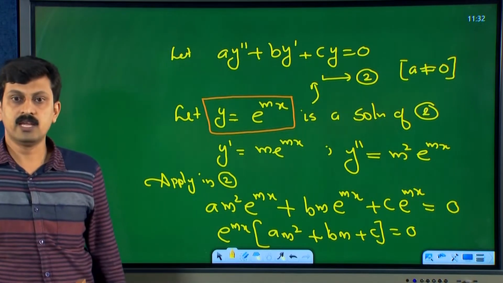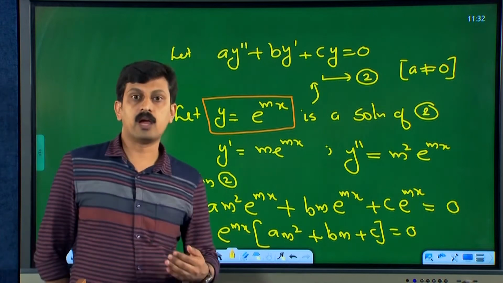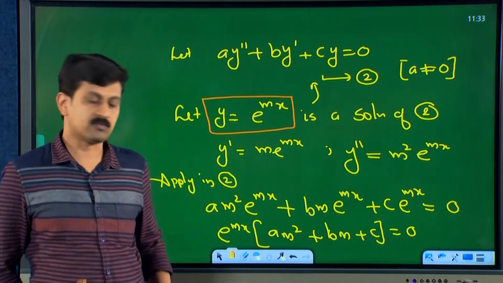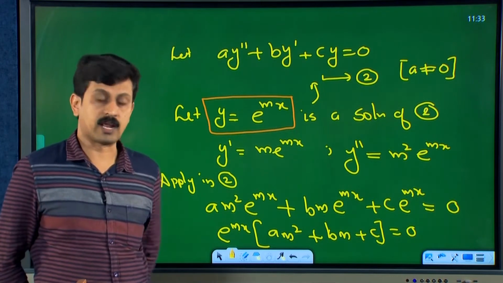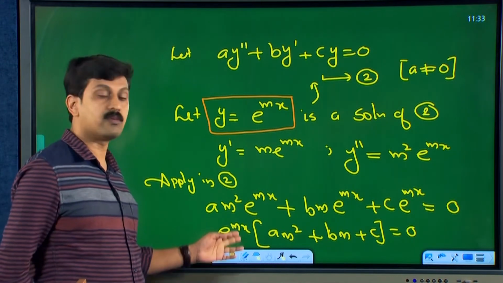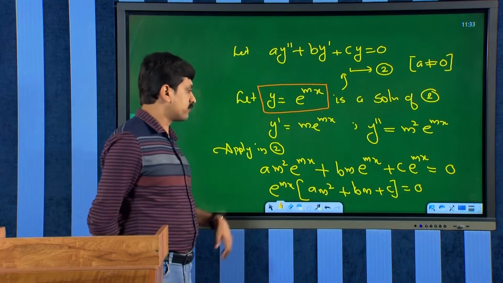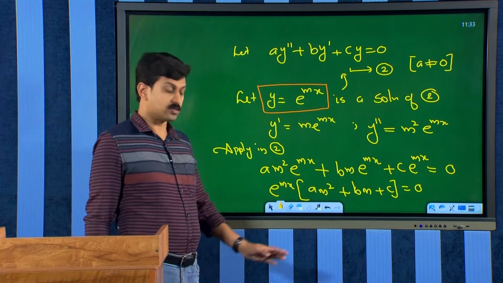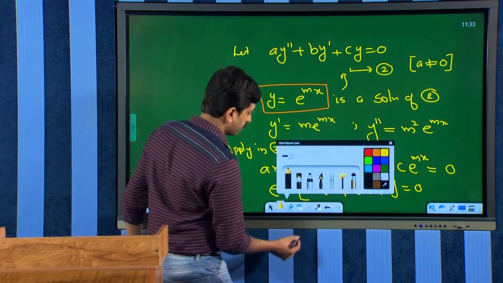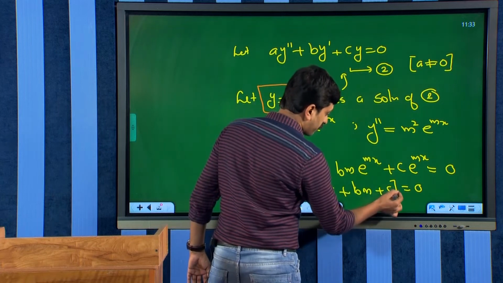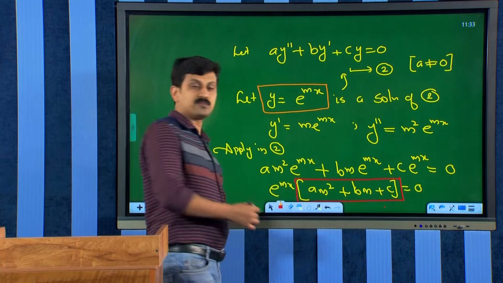Here e raised to mx is never 0. For a non-zero value of m, e raised to mx can approach 0 only when x tends to minus infinity. So e raised to mx is not equal to 0, and the only possibility is that this quadratic part is 0.